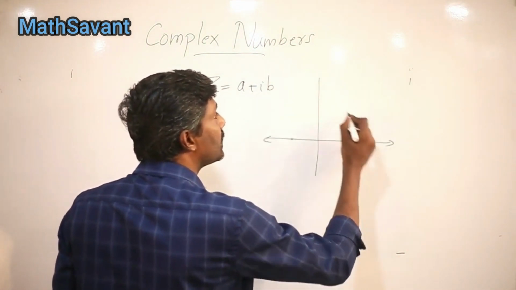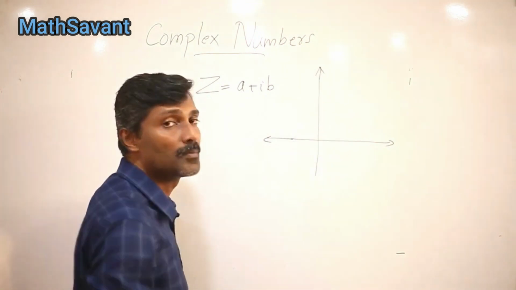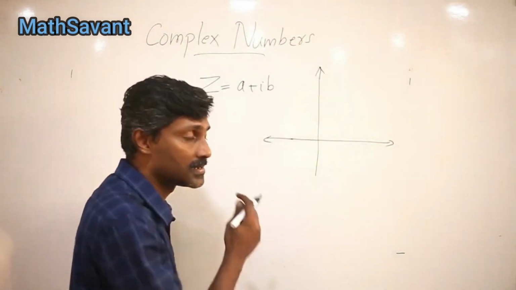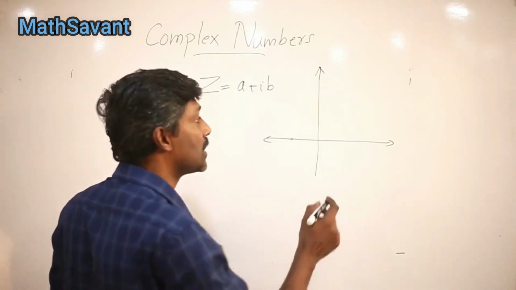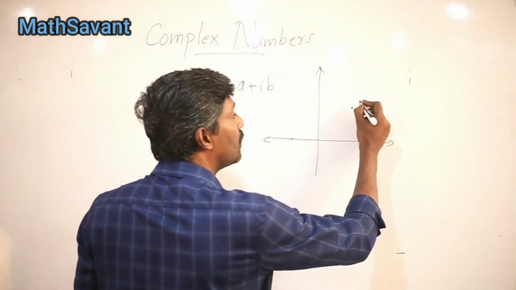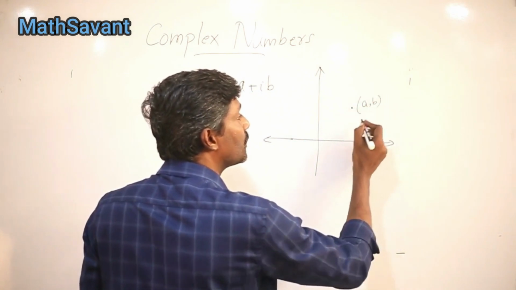So we have the real axis here on the x-axis and we have the imaginary axis on the y-axis. Okay, and we know that the complex number z equal to a plus ib is represented by the point with the coordinates a and b.